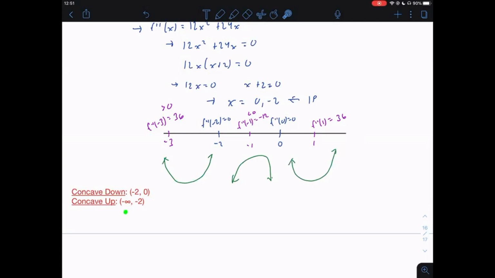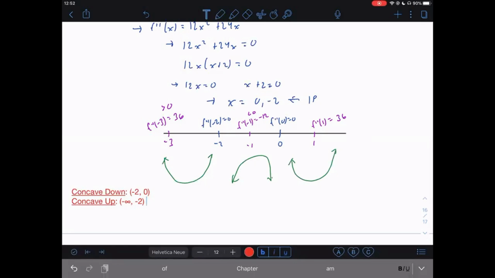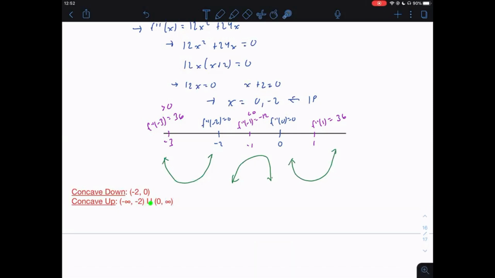So our function is concave up if x is less than -2 or if x is greater than 0, meaning our function is concave up from -infinity to -2, or when it's from 0 to positive infinity. We're using the union symbol to combine these two sets.